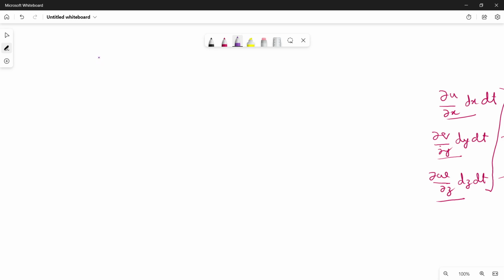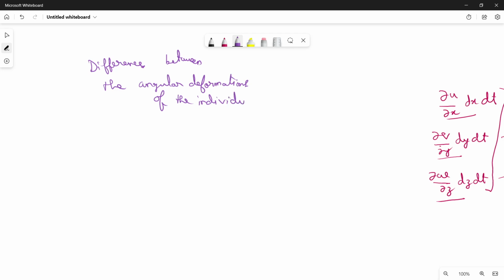Angular deformation is the difference between the angular deformations of the individual sides delta x, delta y, delta z of the fluid element.